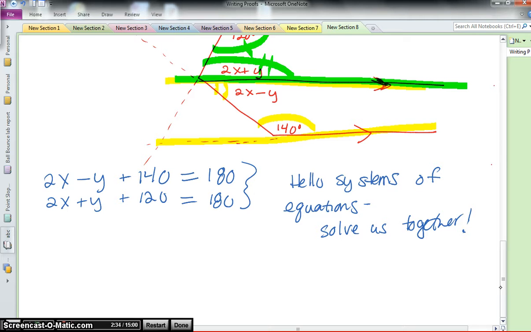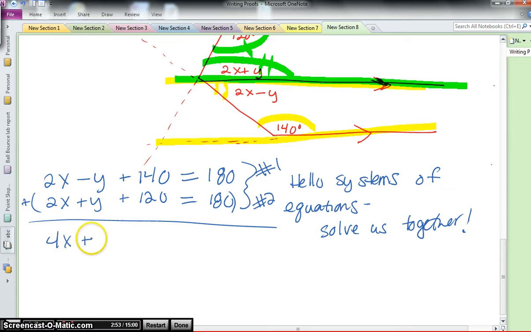Now look at these two equations, and can you tell what's going to happen to those y's if we add every like term of equation number 1 to every like term of equation number 2? 4x plus no y's plus 260 equals 360. So in essence, we've got 4x plus 260 equals 360.